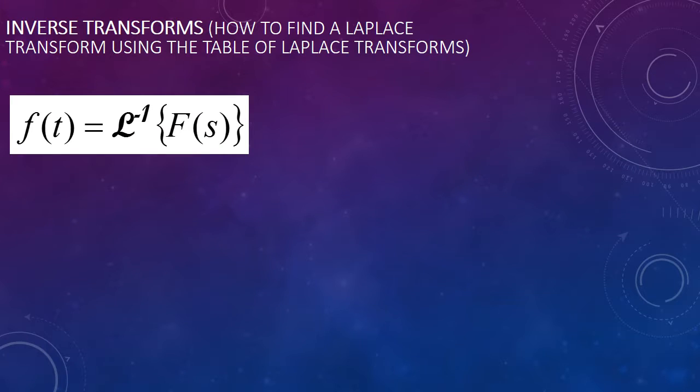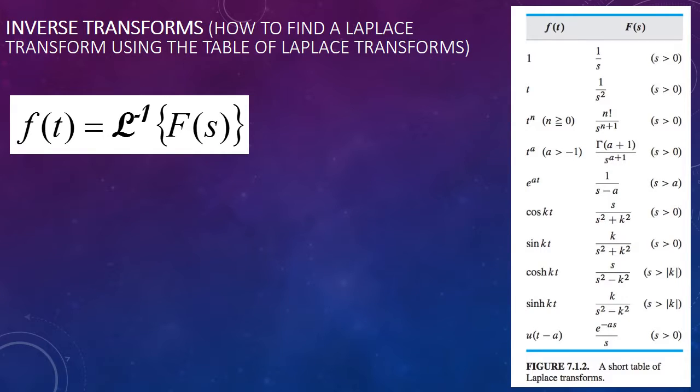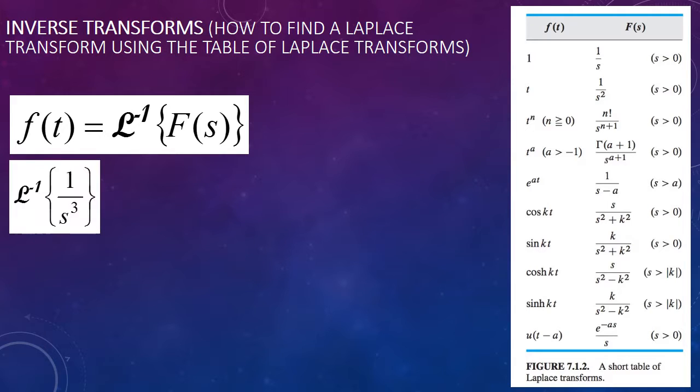All right, so it's the same way with inverse Laplace transforms. Instead of going from the first column to the second column as with Laplace transforms, you have to go from the second column to the first column. So let's say we have this function of 1 over s cubed, and I want to take the inverse Laplace transform of that.